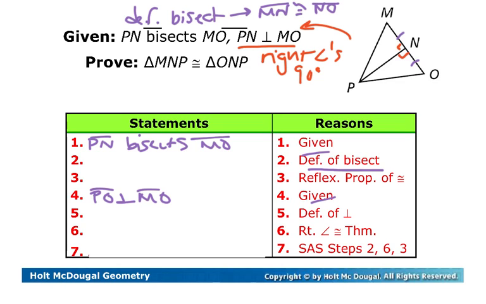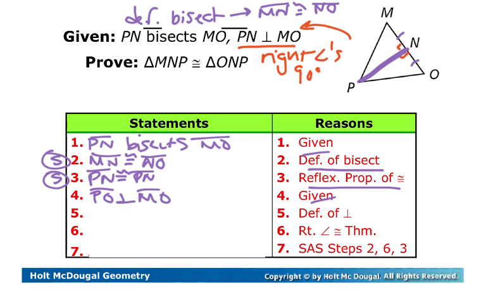Alright, so by the definition of bisecting, as we saw up here, MN is going to be congruent to NO. So let's write that, MN congruent to NO. And so that's one of your sides. Let's see, the next piece is going through the reflexive property, so that means we look for that side that's shared. So PN is congruent to PN, and that's another side.